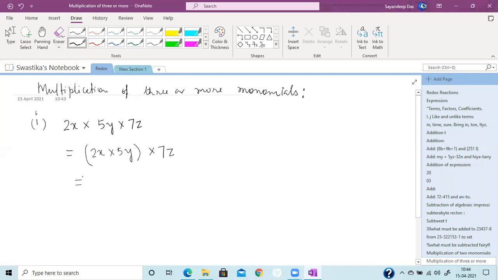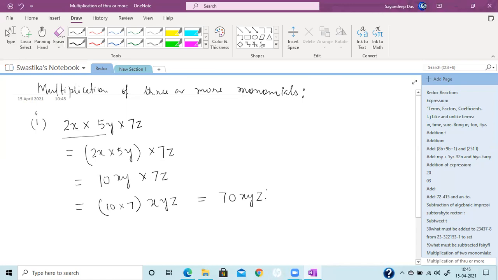So first you multiply the first two terms, keep the third one as it is. 2 5s are 10 xy into 7z. Now you multiply again, 10 into 7 and the variables x, y and z. The answer is 70xyz.